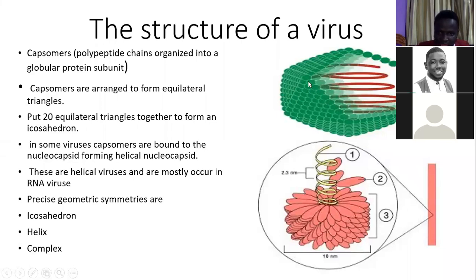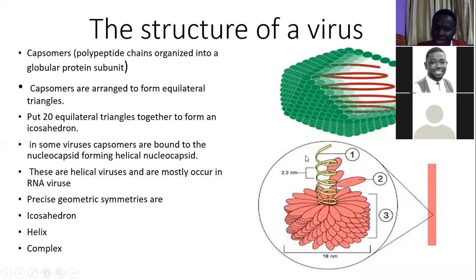Look at the pointer from here to here, down to this part, will give you a triangle. You can also start from here, go this way, come this way, and you also get a triangle. 20 of such triangles will come together to give you an icosahedron. Singular is icosahedron and plural is icosahedra.